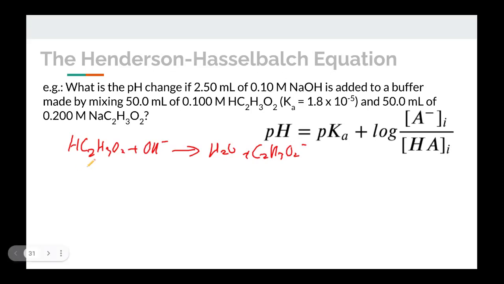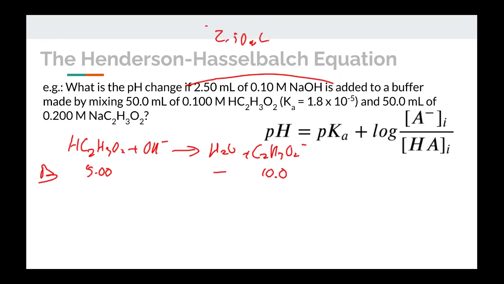We initially, remember, had 5 millimoles, this is our before line, of acetic acid. And we had 10 millimoles of acetate ion, water we don't care about. Hydroxide ion, well, we took 2.50 milliliters of 0.10 moles of OH minus per liter, and this gives us 0.25 millimoles.